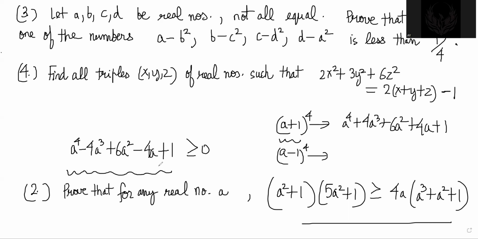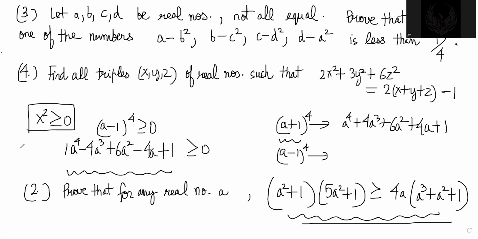Yes, that's what the coefficients are here. So this is (a minus 1) power 4 greater than or equal to 0, which is obviously true because now it is a square of a square. So this inequality is true because in the end we are getting something squared, which is greater than or equal to 0.